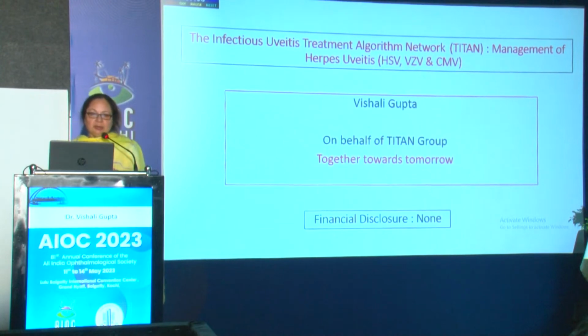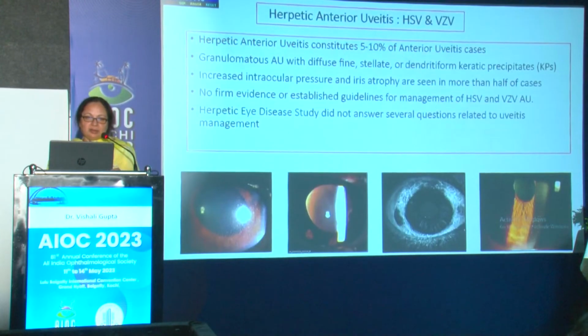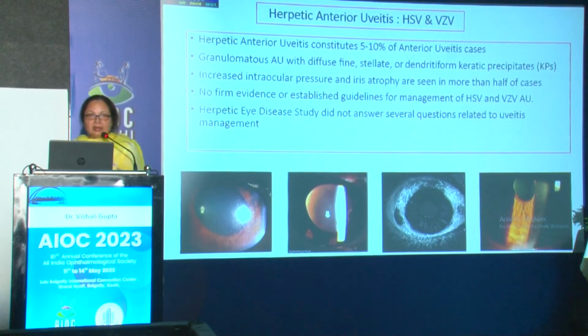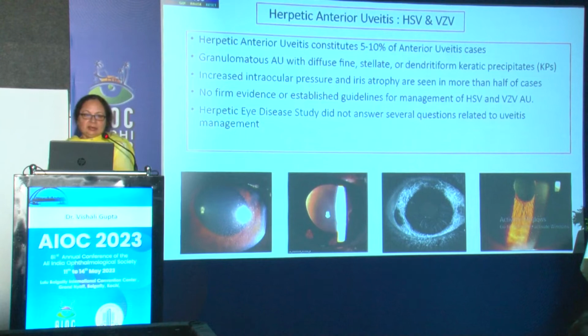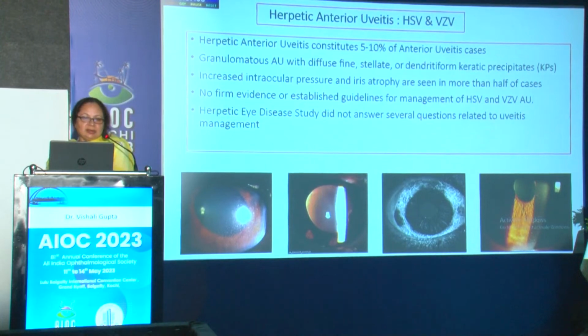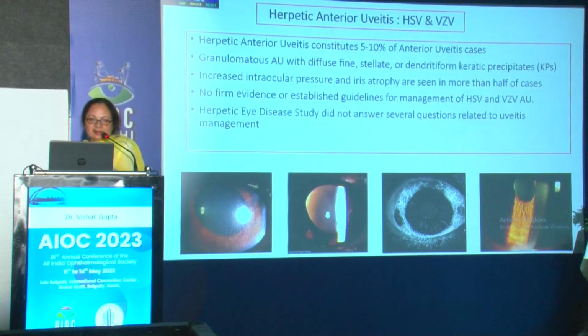I will be talking about the treatment algorithm networks for infectious uveitis treatment, focusing on the management of viral anterior uveitis. These are the results of the Titan group. When we come to herpes, both simplex and VZV, herpetic anterior uveitis constitutes about 5 to 10% of anterior uveitis cases.